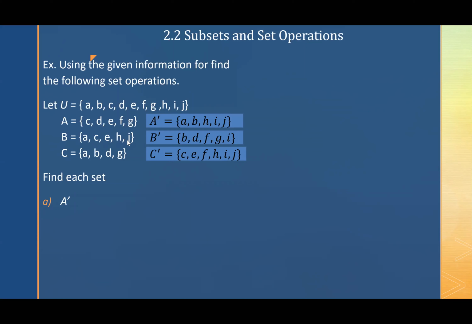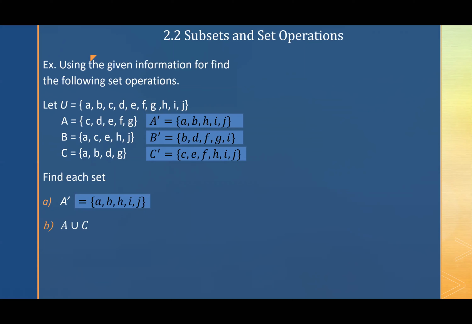Cross out whatever is in B from the universe, and whatever is left is B prime, and cross out whatever is in C from the universe, and whatever is left is C prime. I know I didn't ask you for B prime and C prime, but we can do that so that later, if they ask you the question, you can use it as a reference.